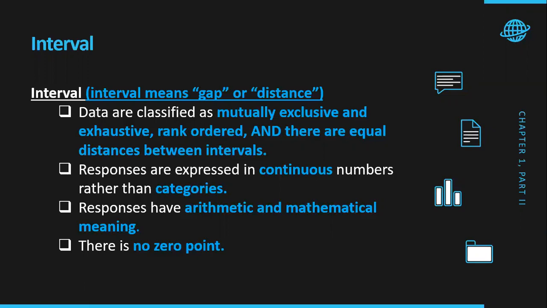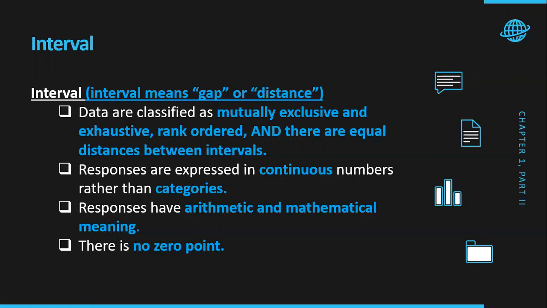So take note of the fact that we're continuing to add on these features of the variable as we go, because we know that nominal level variables are mutually exclusive and exhaustive, ordinal level variables are rank ordered, and now we're adding on an additional feature: interval level variables have all of the characteristics of nominal and ordinal variables, except now we're adding on an additional characteristic, which is that it also has equal distances between intervals.